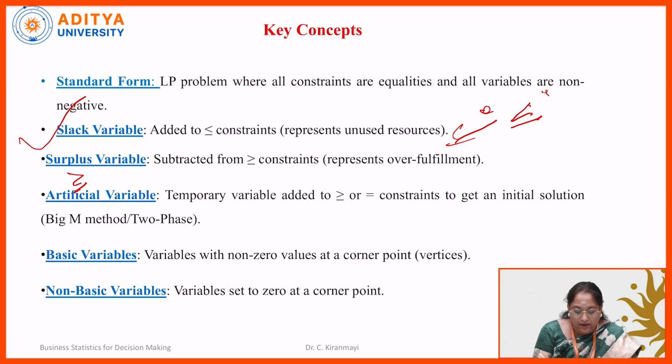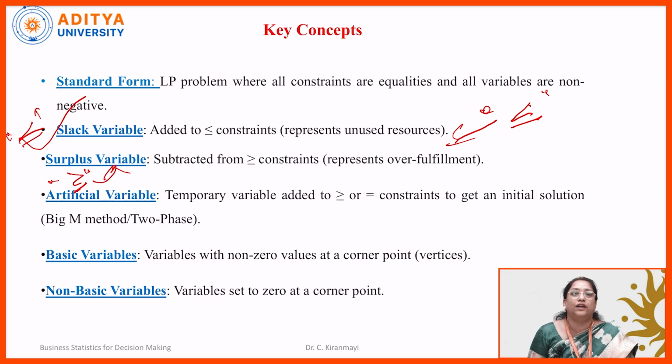For greater than or equal to type of constraints, we introduce surplus variables in order to convert the inequalities of the constraints into equations. And artificial variables we also sometimes use when the constraint is of equal to type, which is an equation.